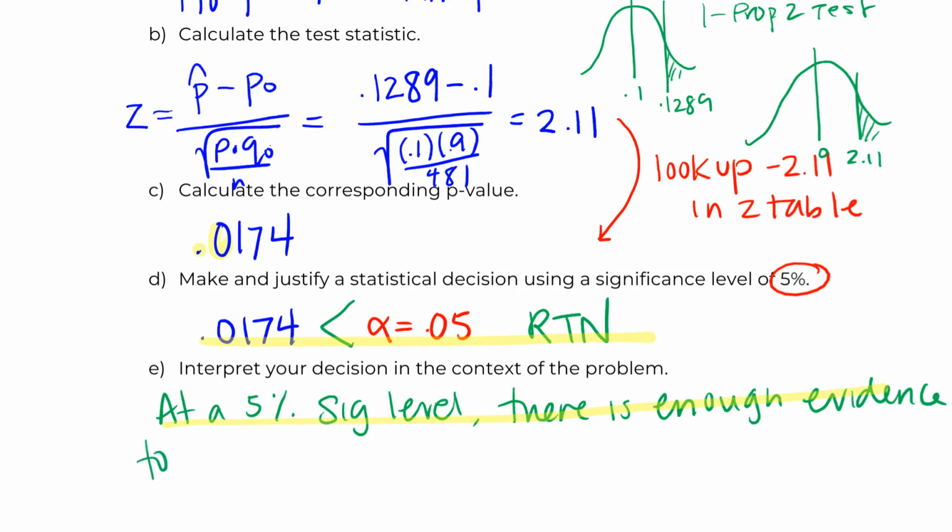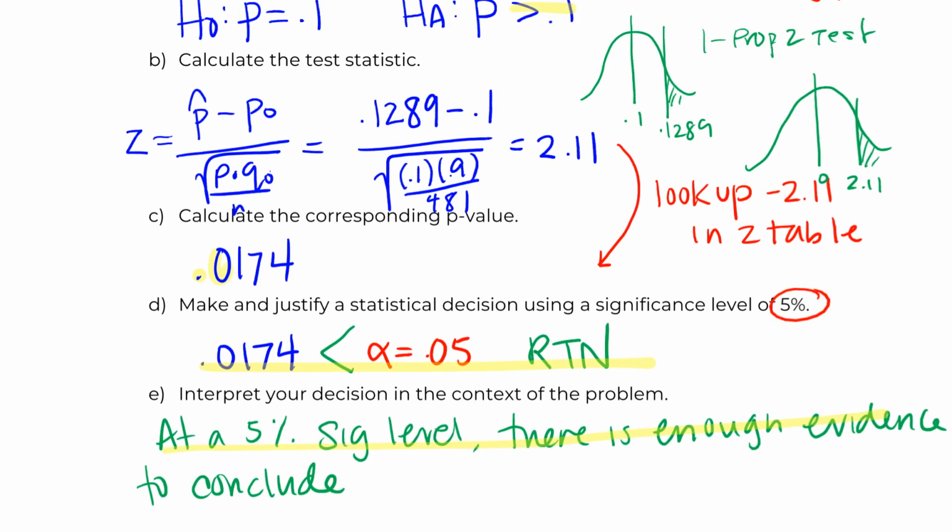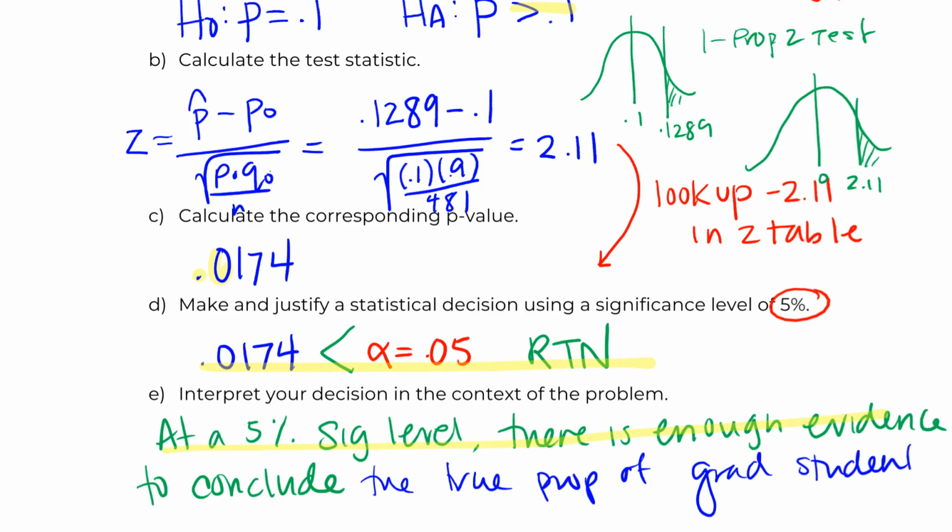And then to conclude, and we can talk about either the alternative in words, so we'd say something like the true proportion of graduate students looking for housing is more than 10%. Or we could say that they should increase their housing options.